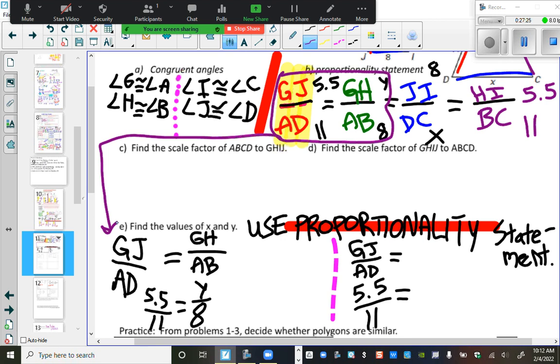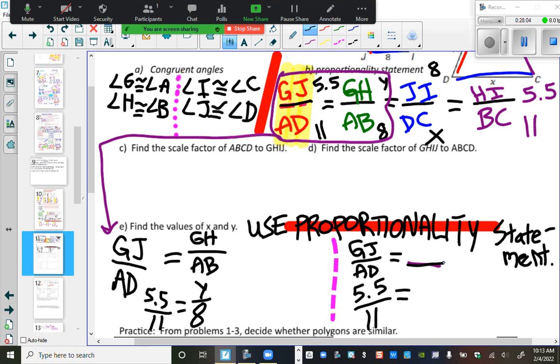Now, which other ratio has a variable? We already took this one. Which other ratio do you see a variable, either numerator or denominator? Well, you have the y over here.